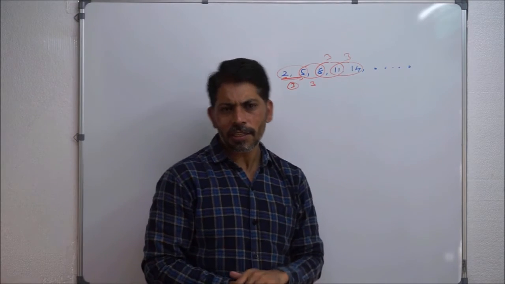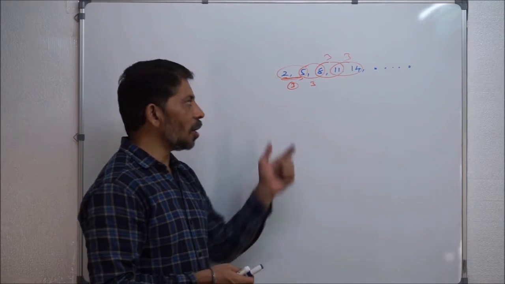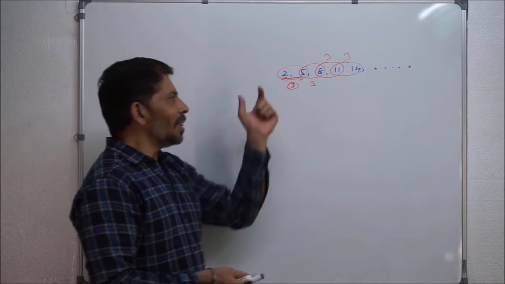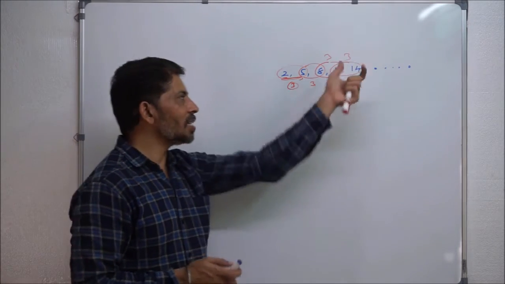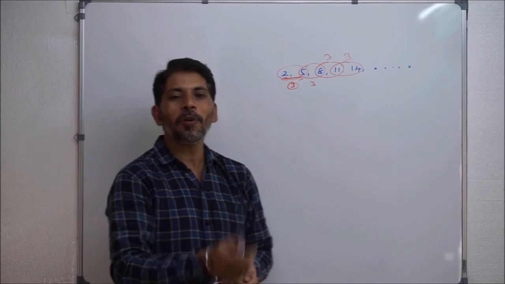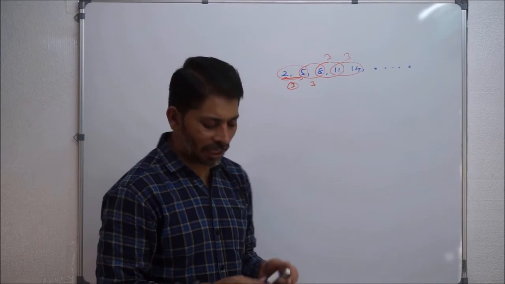Such progressions are said to be arithmetic progressions, or else the difference between two successive terms of any progression is always the same. Such a progression is known as arithmetic progression.